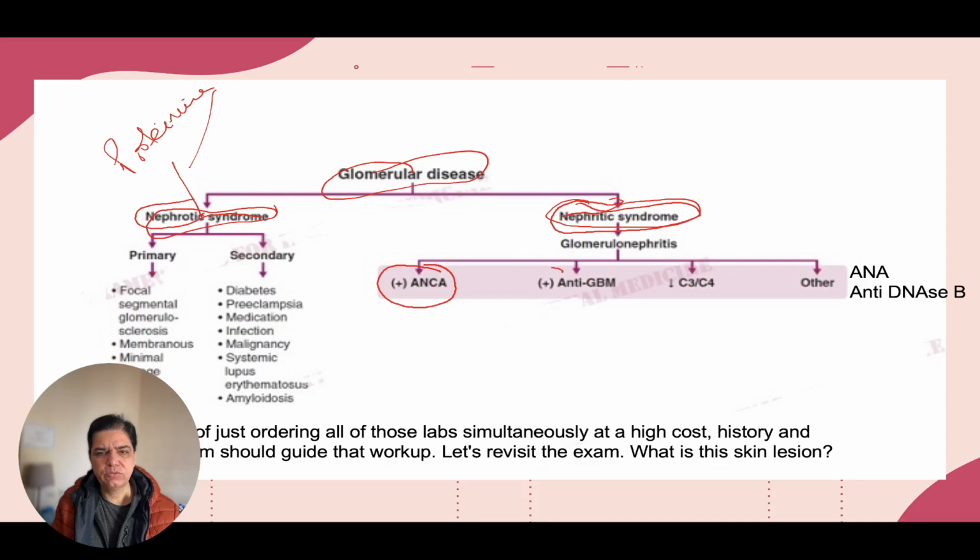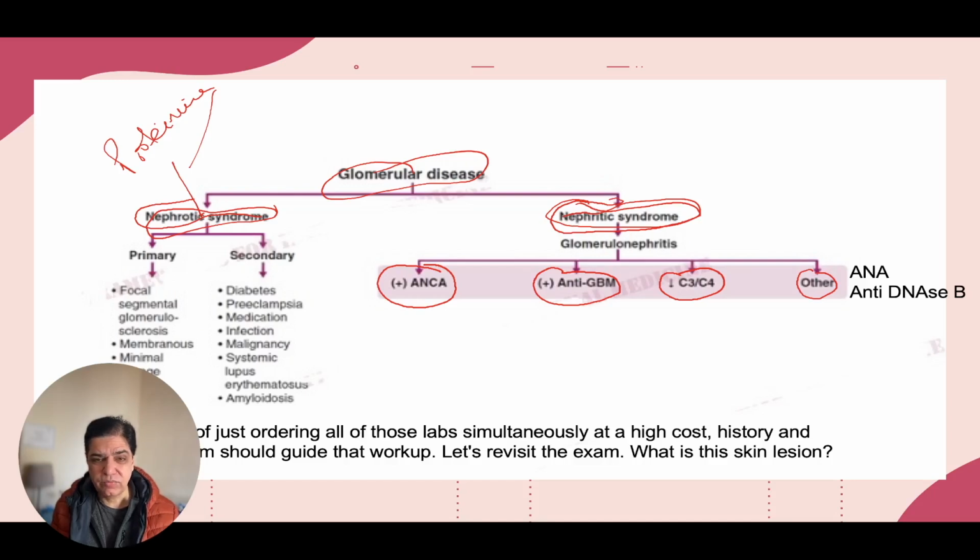Some might be associated with positive anti-glomerular basement membrane antibodies. Some might be associated with a decrease in C3 and C4 levels. Others can be associated with high ASO titers, the presence of anti-nuclear antibodies, or anti-dsDNA. So we have to do different tests in order to further classify which type of glomerulonephritis is there.